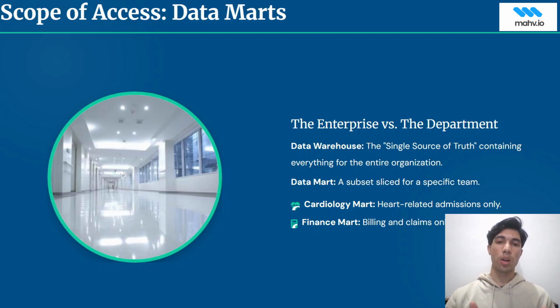On the other hand, if we need data for a single team or department, then we divide this data into subsets called data marts. For example, a cardiology data mart could contain heart related admissions only. Then a pulmonary data mart could contain lung related data.